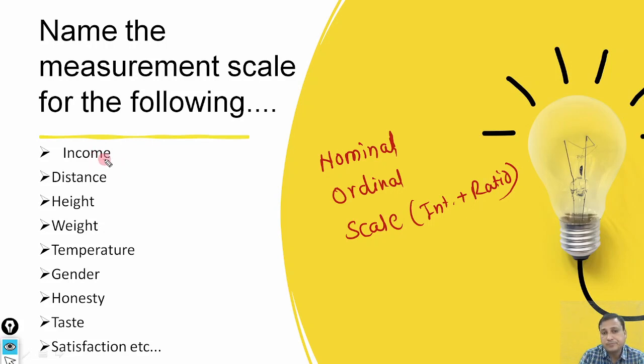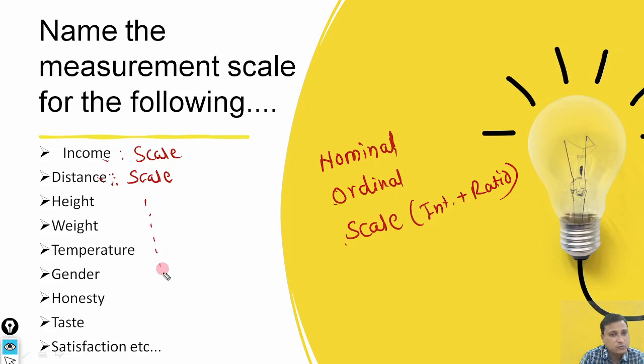Now income, is it nominal, ordinal or scale? This is scale data. Distance is in numbers, correct? When it is in numbers, do we have orders or alphabets? No. So this is not nominal, not ordinal, but scale data.